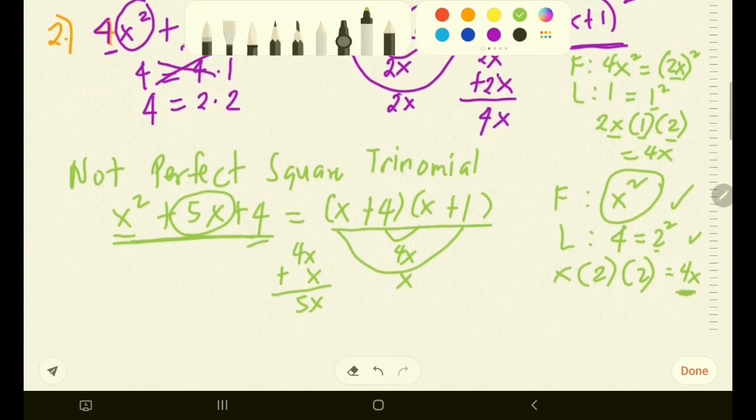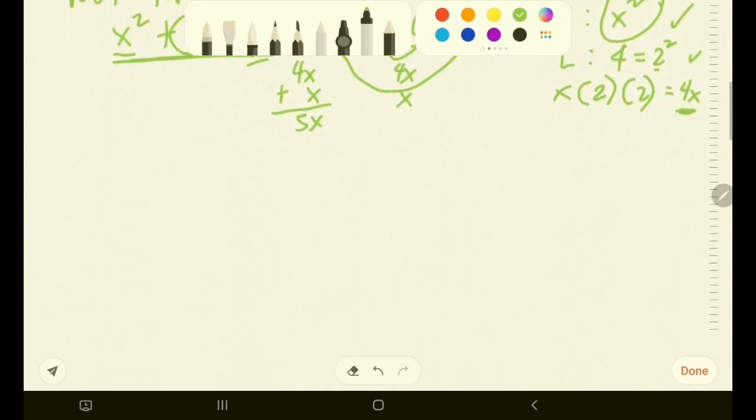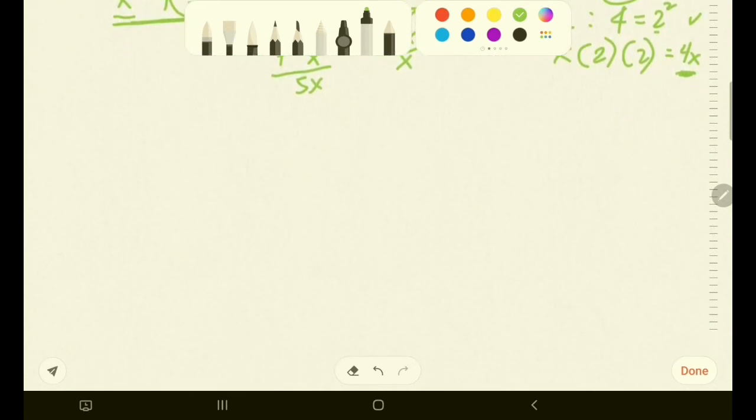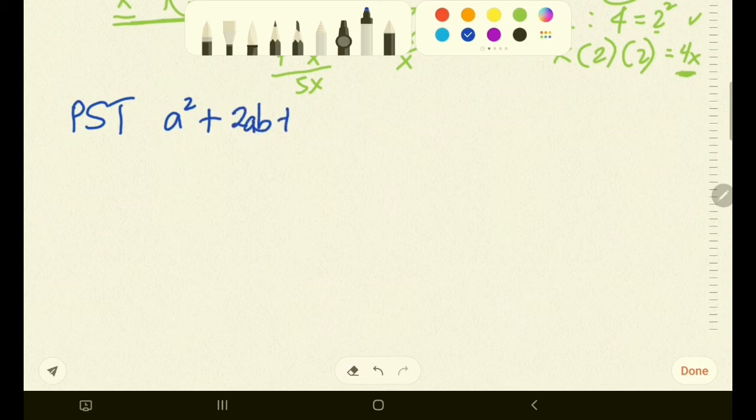Okay. Now, so in general, you have here the pattern, or shall we say the rules, for a perfect square trinomial, PST. So you have your a squared plus 2ab plus b squared. So it's very clear.